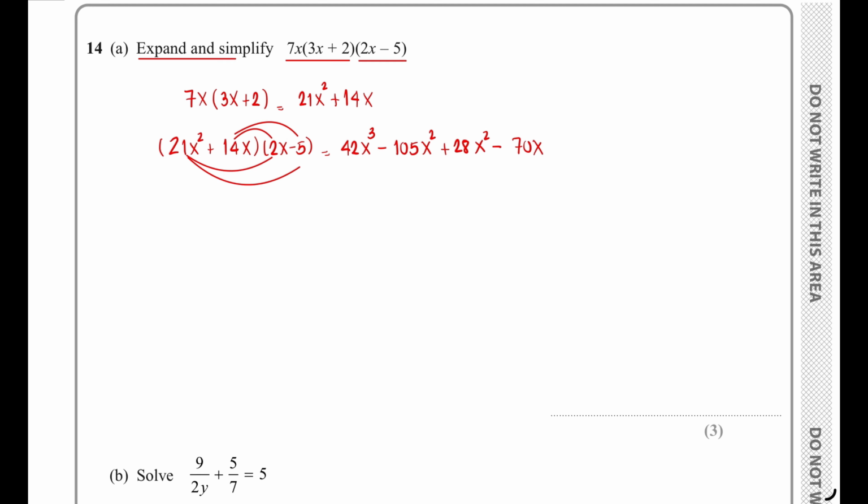Okay, now let me simplify. It is equal to 42x cubed minus 77x squared minus 70x.